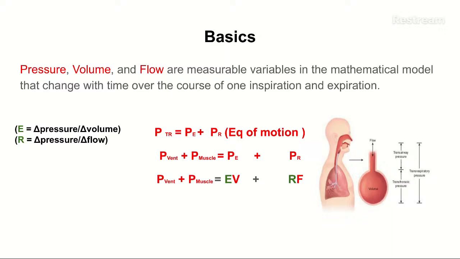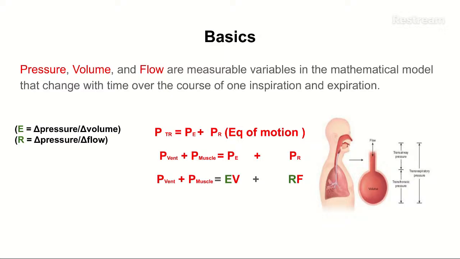So if I apply some pressurized gas through the ventilator, then it must counter two works, elastic and resistive work, that is, pressure of elastic work and pressure of resistive work. The counter to the ventilator is in the respiratory mechanics and the parameters of a person.